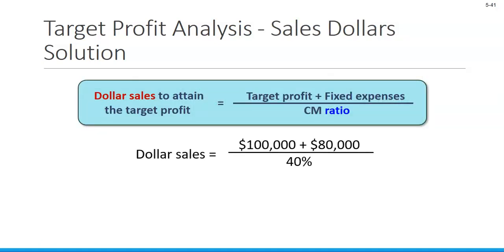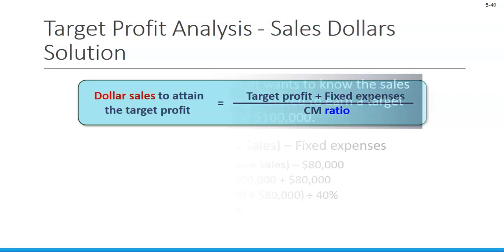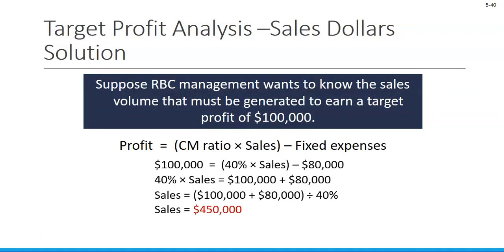So here we have our target profit of 100,000 plus fixed expenses divided by our contribution margin ratio, which gives us total dollar sales of 450,000. You can see using our contribution margin calculations save us time in doing the math.